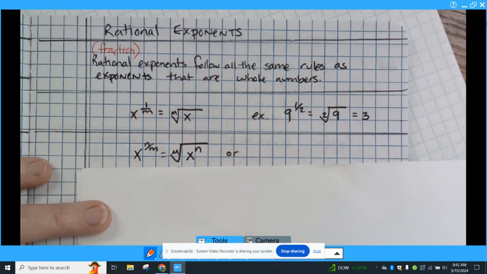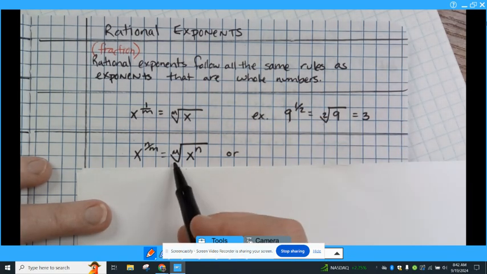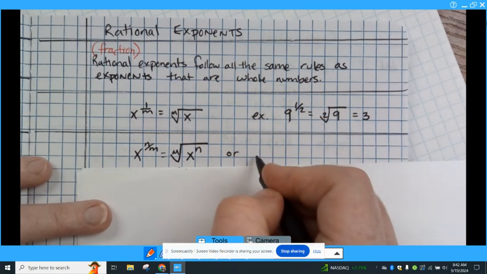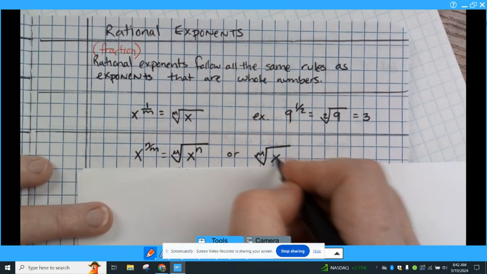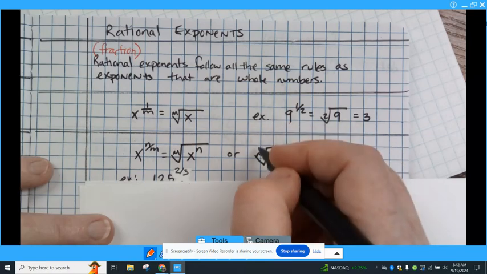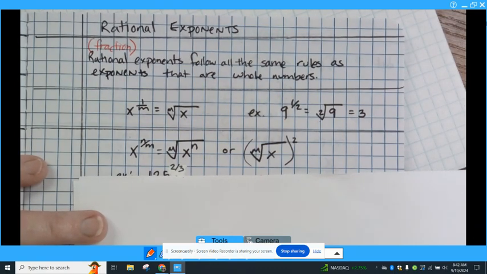There's another way to write it, and it always depends on the math you're being asked. The other way is you have the m root, so still the denominator is your root of x, but then you can pull that out and make it squared on the outside. Sometimes the math is easier one way than the other.